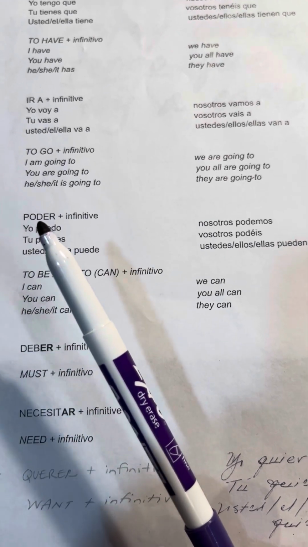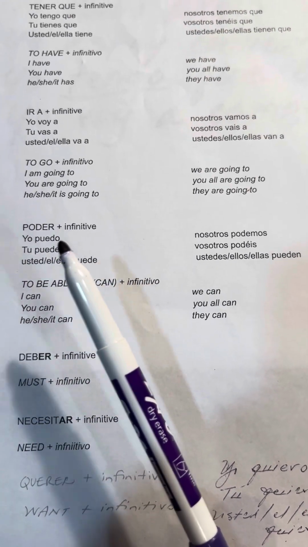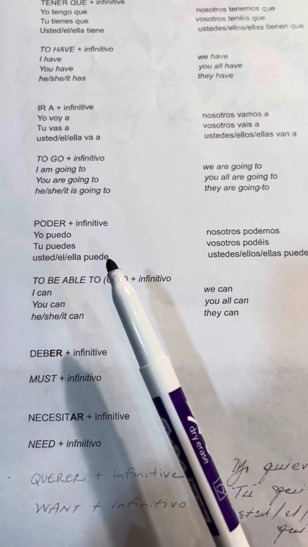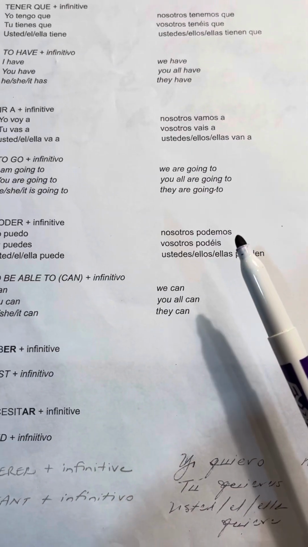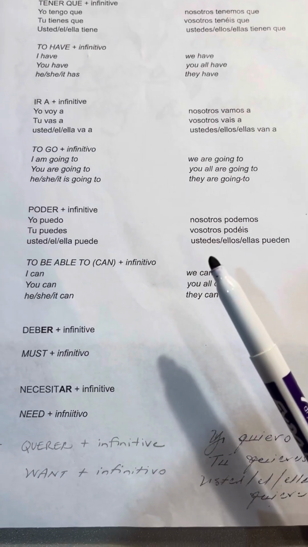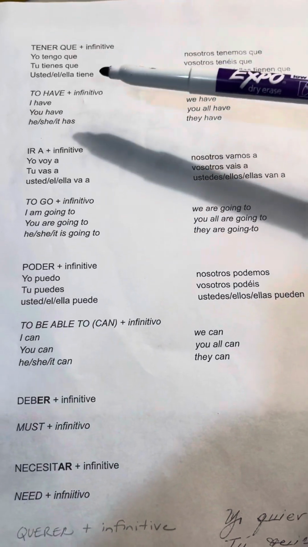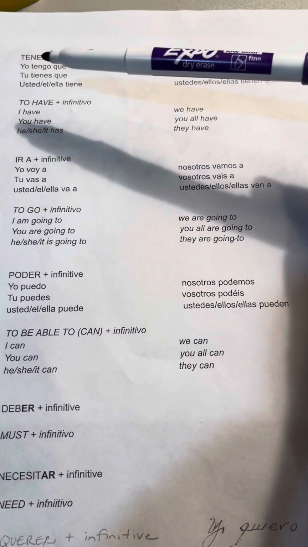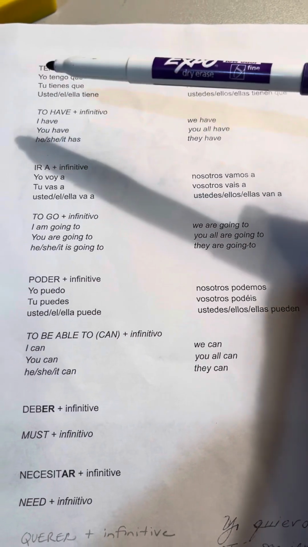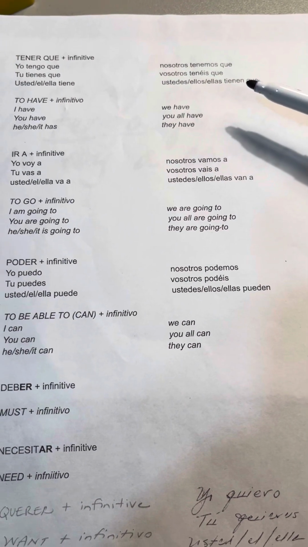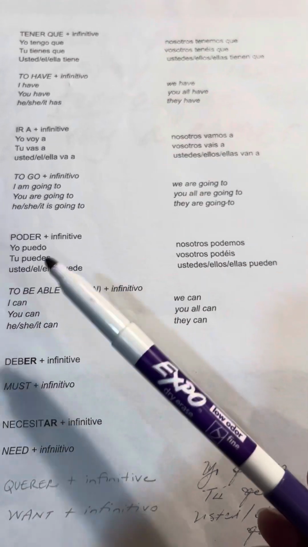And this, again, is an ER verb, but it is irregular. Yo puedo, tú puedes, usted, él, ella puede, nosotros podemos, vosotros podéis, ustedes, ellos, ellas pueden. Again, like tener, the irregulars are in the whole singular voices and the plural third person.